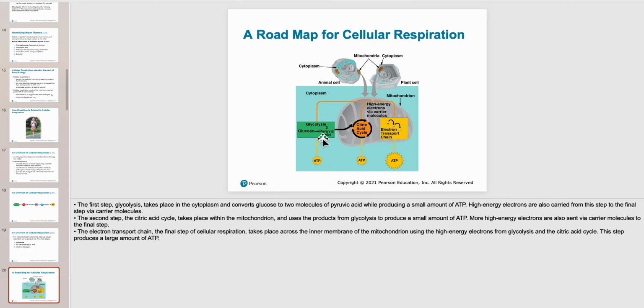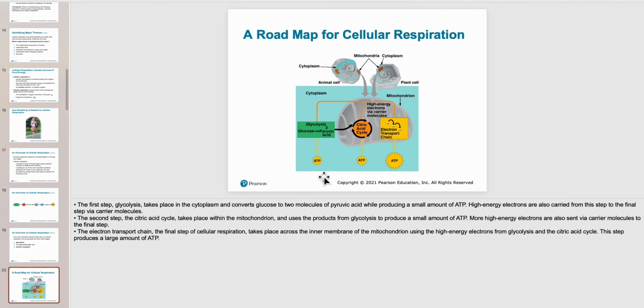So in glycolysis, we are converting glucose to 2 pyruvic acids. So there's 2 of those. And yes, we make ATP. Now, before I go any further, you need to understand that glucose to pyruvate, this glycolysis, is anaerobic. Let me say that again. So this glycolysis process from glucose to pyruvate or pyruvic acid is anaerobic.